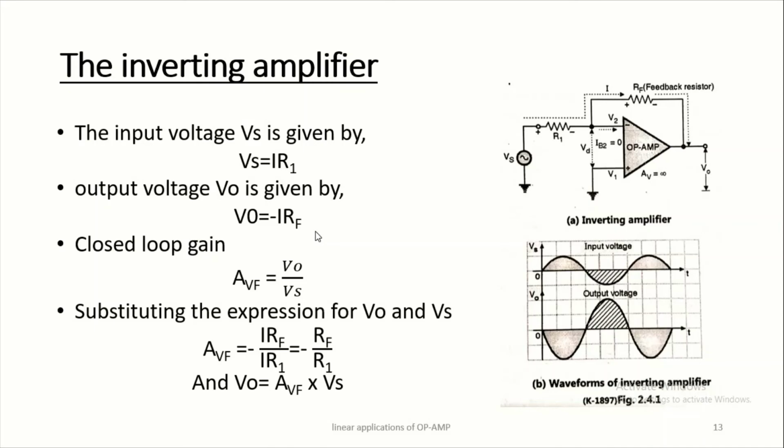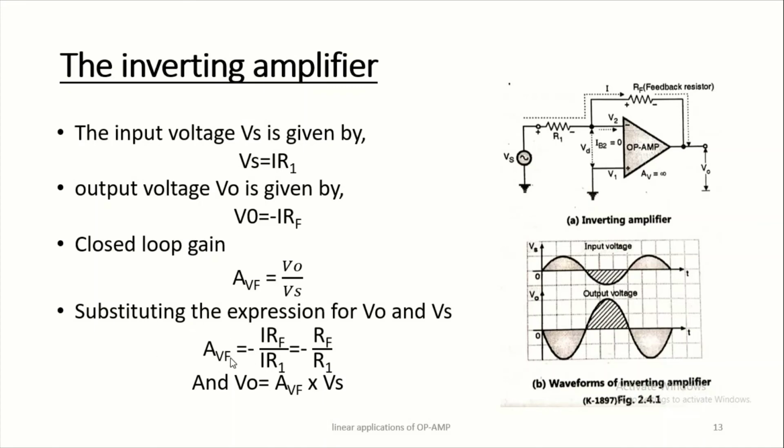The closed loop gain AVF is written as Vo by Vs, meaning output voltage upon input voltage. Substituting the expressions, the Vo value is minus I Rf and the Vs value is I R1. I cancels out, so the value is Rf upon R1.